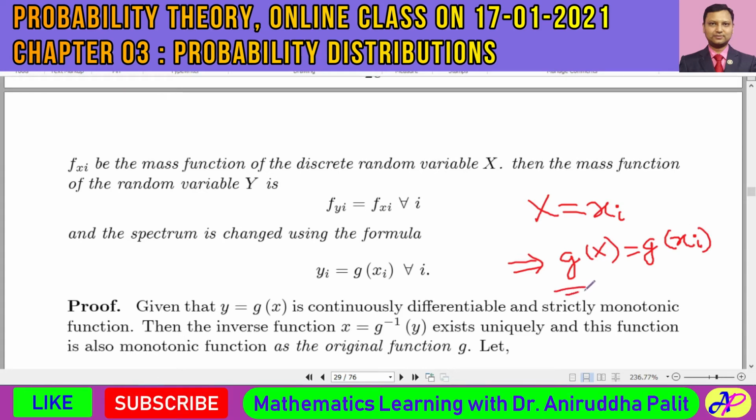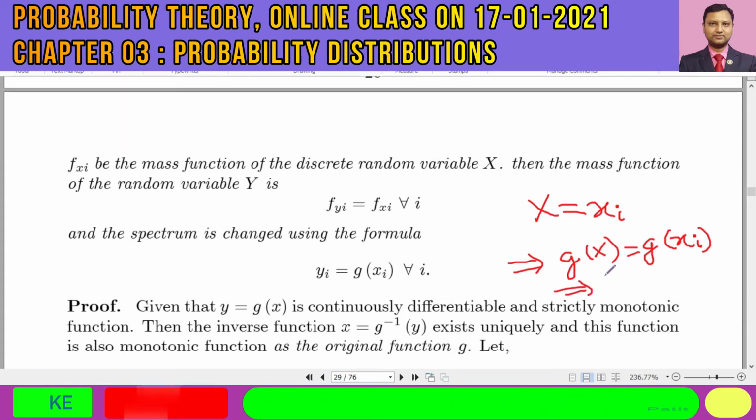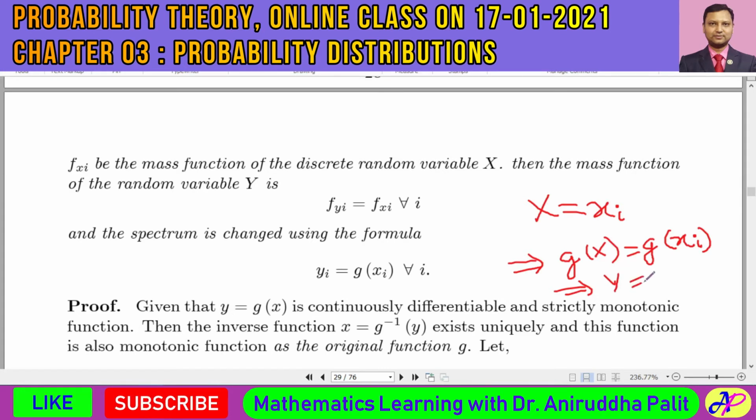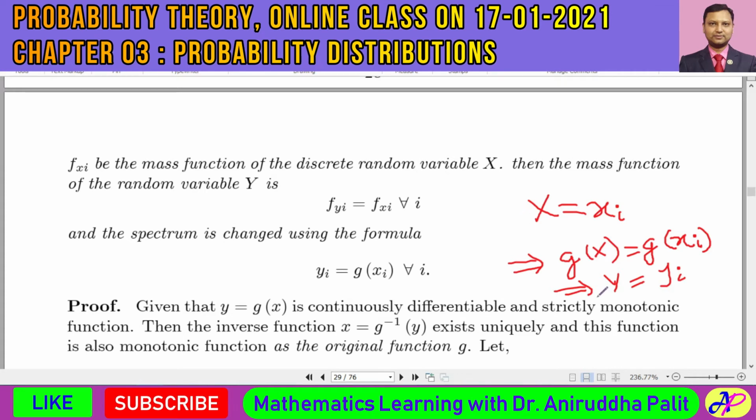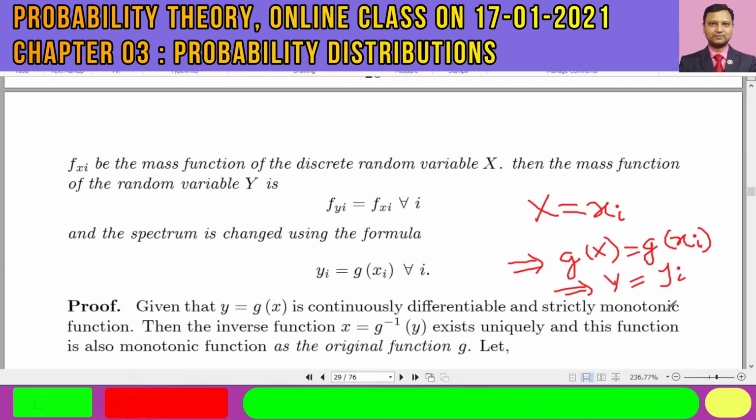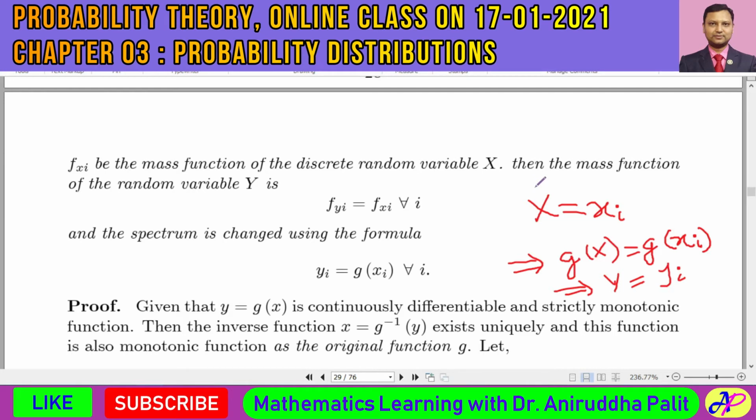And what does it mean? It means that g(x), that is y, is equal to g(xi), that is actually our yi. Similarly, if y is equal to yi, then by the opposite transformation formula, that means by g inverse, we can prove that x is equal to xi.